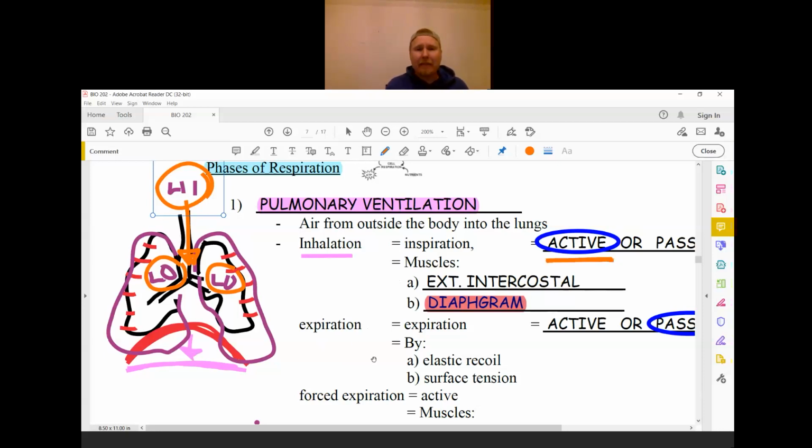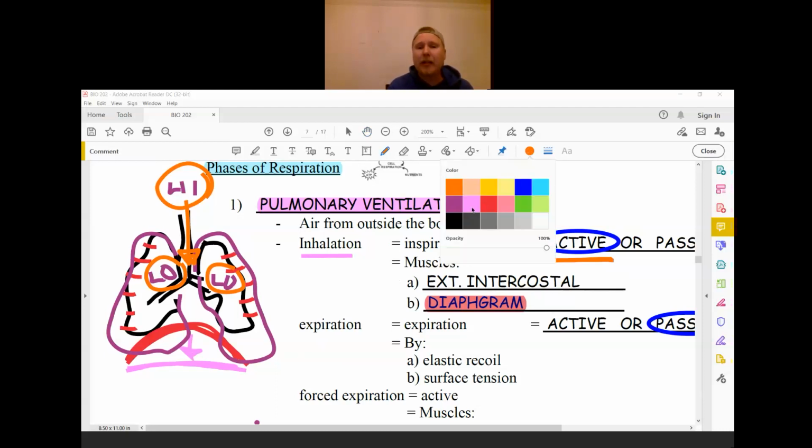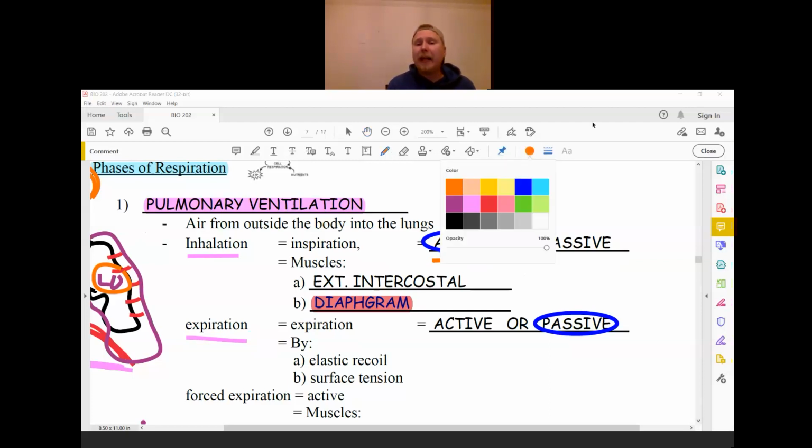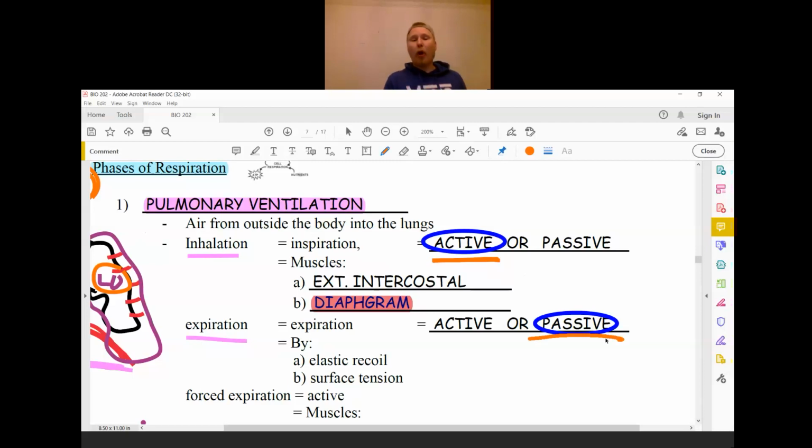Breathing out instead, expiration, is something that we can consider as a passive process that does not require a specific energy investment from us. If you think of taking a deep breath and you hold it, once you relax, air will flow out naturally.